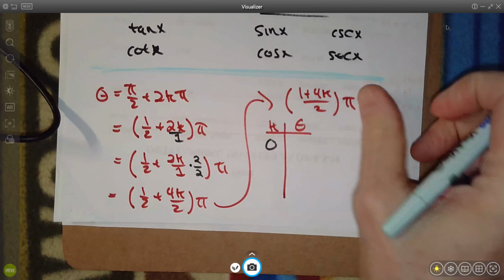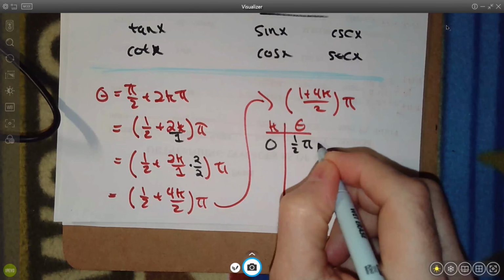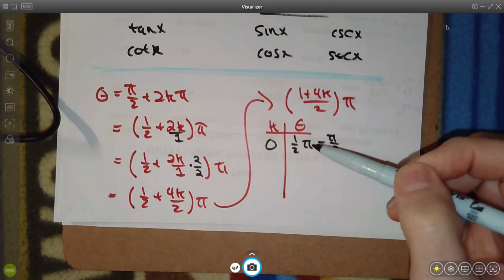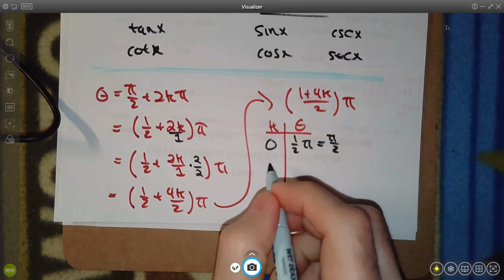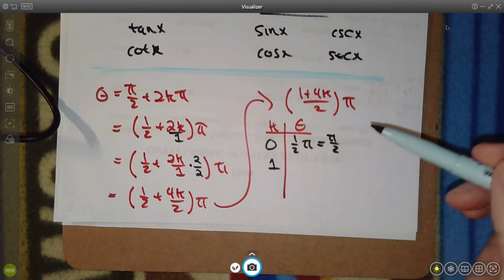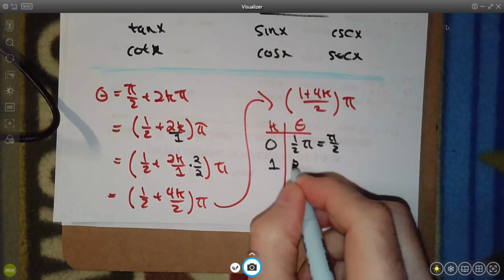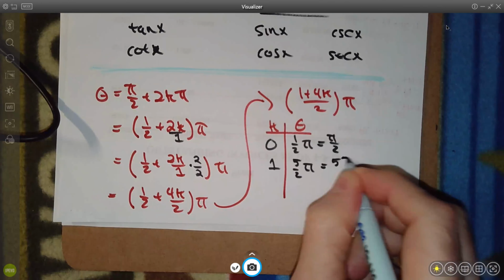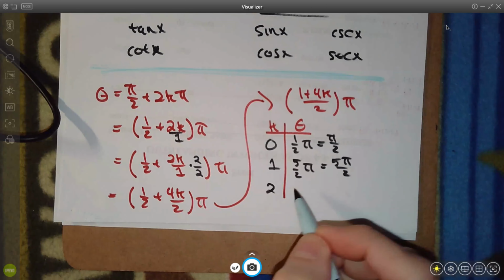It's going to be 1/2 times pi, or pi over 2. Cool. How about if k equals 1? Now what will I get here? 5 pi over 2. Or you can think of it as 5/2 pi, and so on. You can get as many solutions as you want.